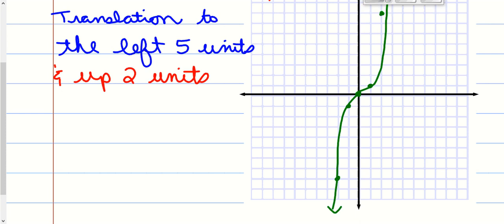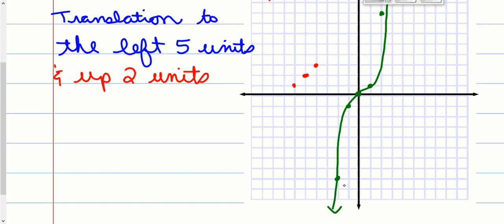There we go. Now, if we are going to move left 5 units and up 2 units, then let's take that origin, the 0, 0 point, go left 5, 1, 2, 3, 4, 5, and up 1, 2. Take this point down here, left 5, up 2. This point here, left 5, up 2.